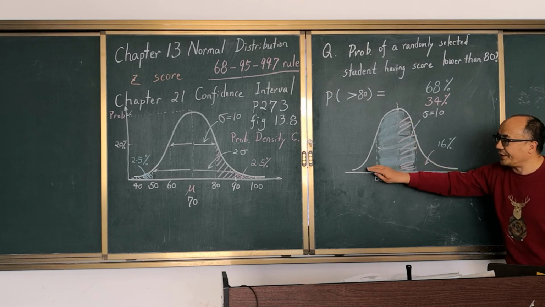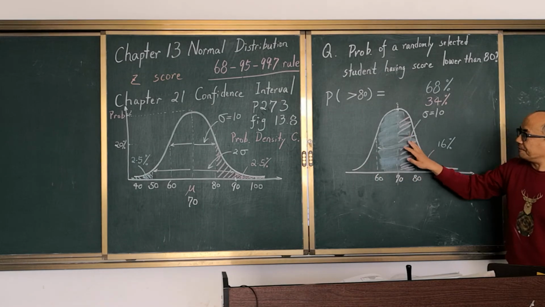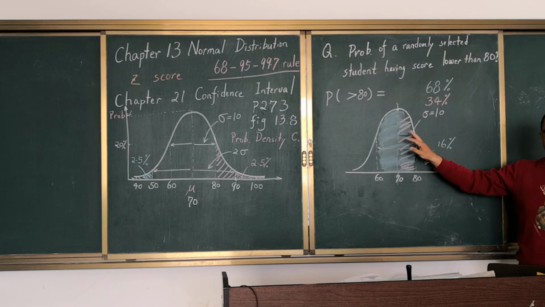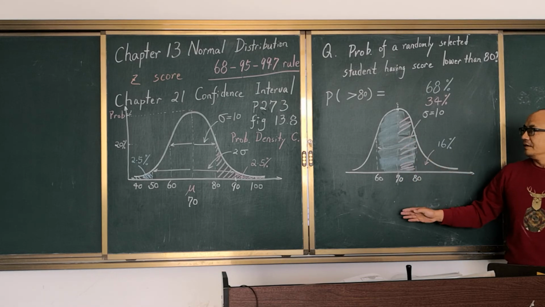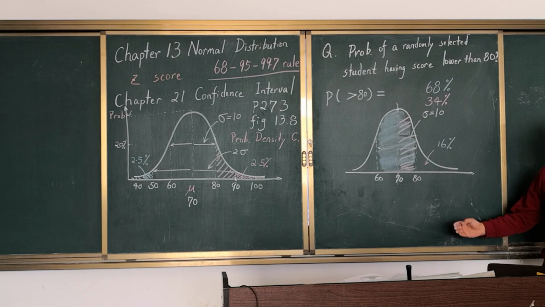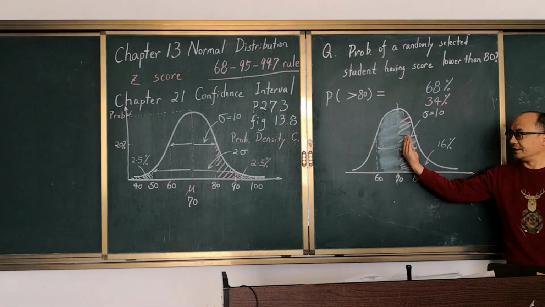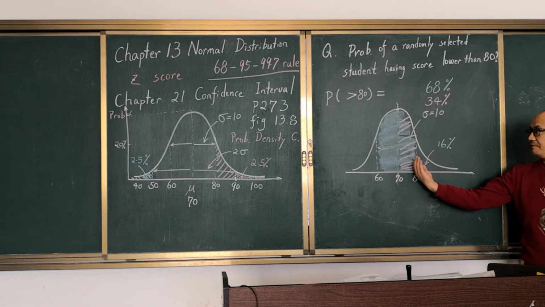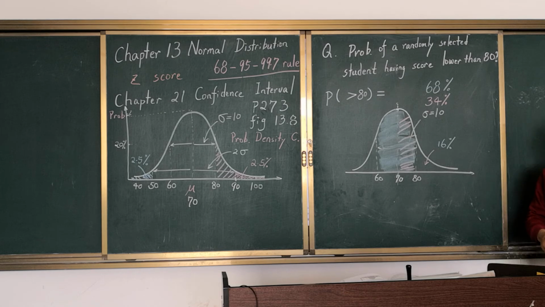The total area under the curve is 100%. And from the middle line to over there is 50%. From here is 50%.